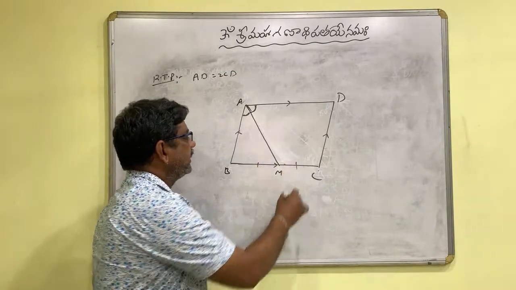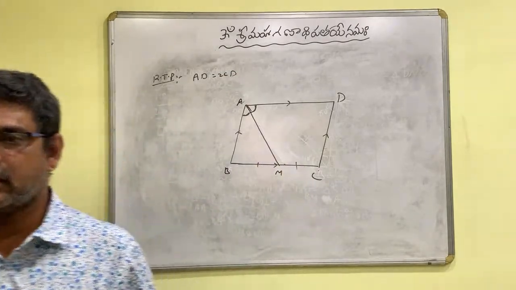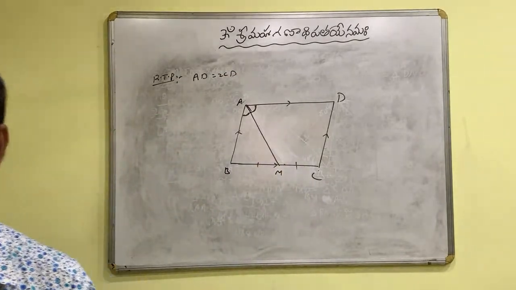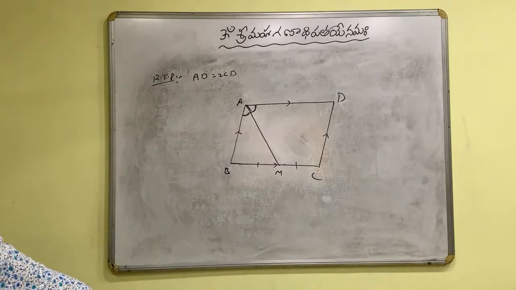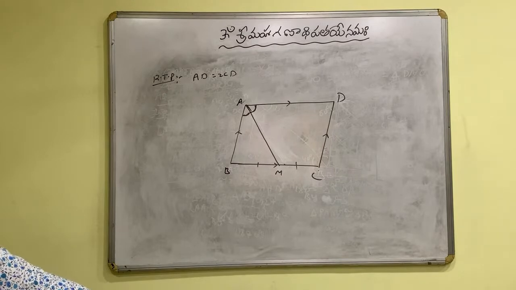M is the midpoint of BC. And angle BAM and DAM are equal. And we need to prove AD is equal to 2CD.